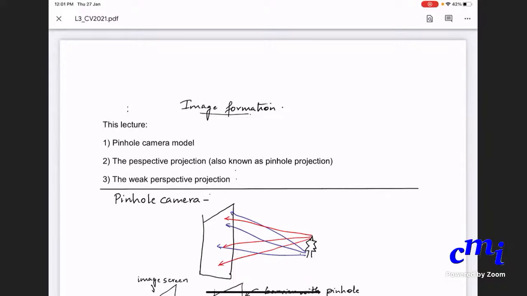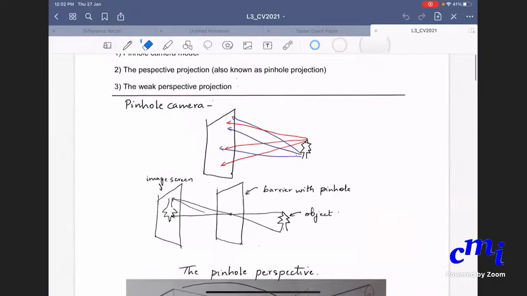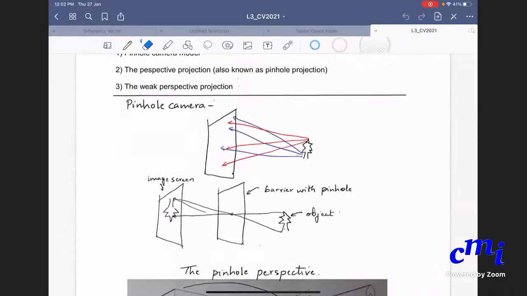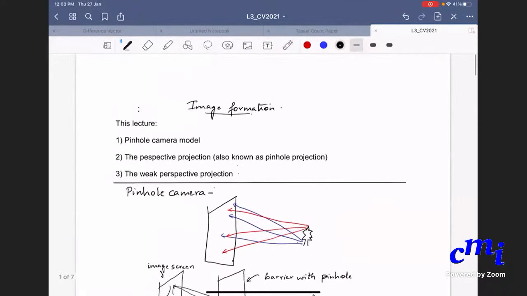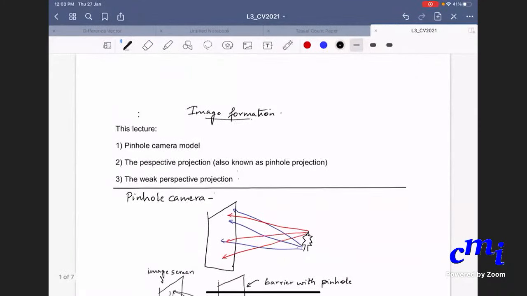So let's start with this pinhole perspective first. Yeah, this is what I want to talk about. And now I can use the pen. Okay, so first let's talk about the pinhole camera. This is an idea that has been around for many years, and it was accidentally discovered.